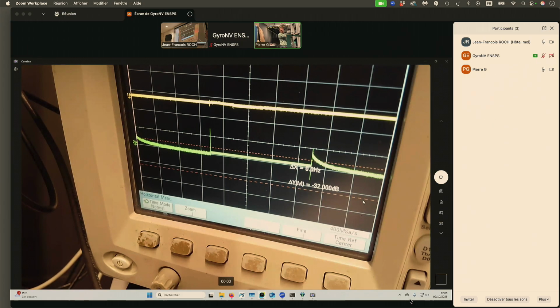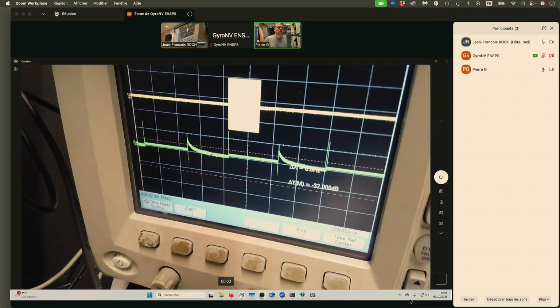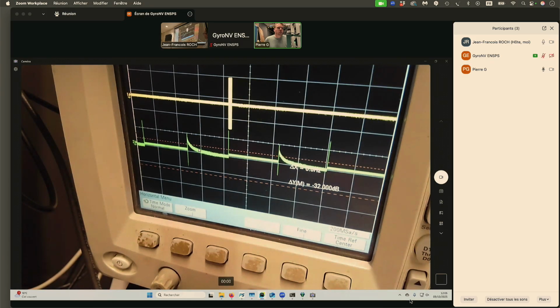Just have to change back the configuration. Okay. Here we are. So what you see here, the green trace, this one here, is what happens when we turn on and off the laser. I can show you maybe this way, okay? Here.